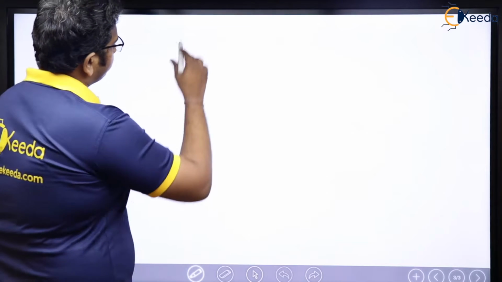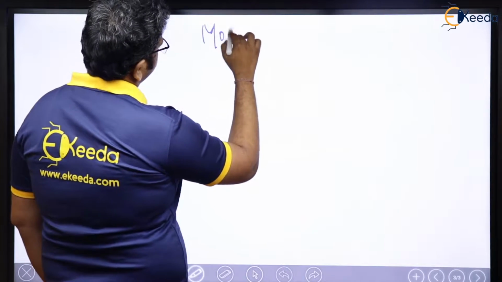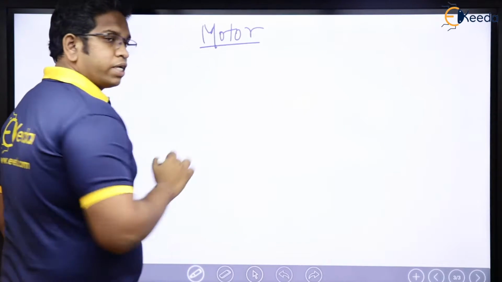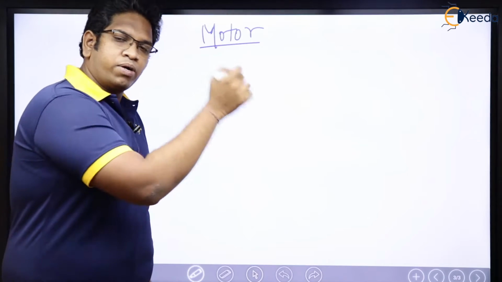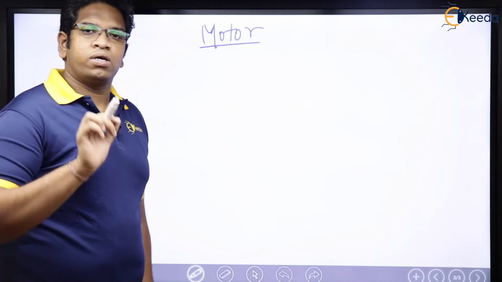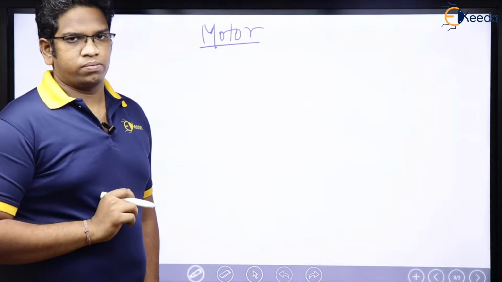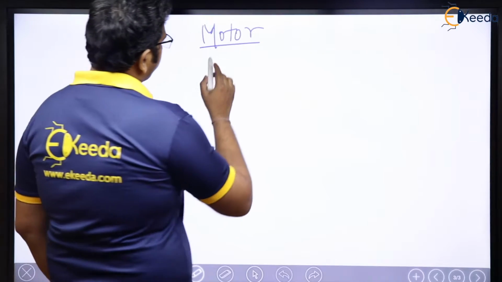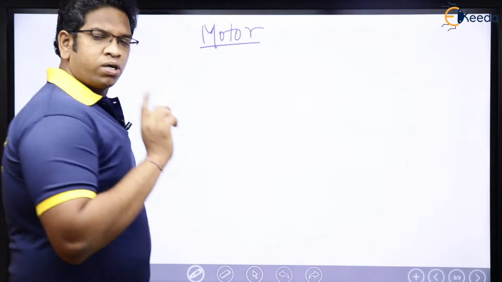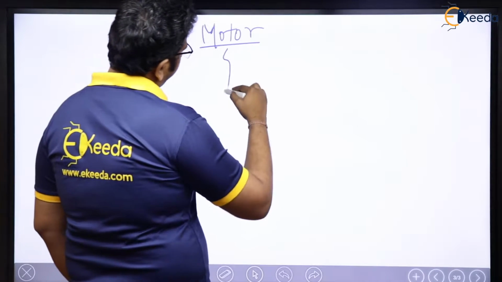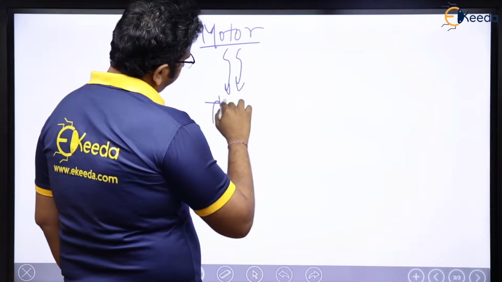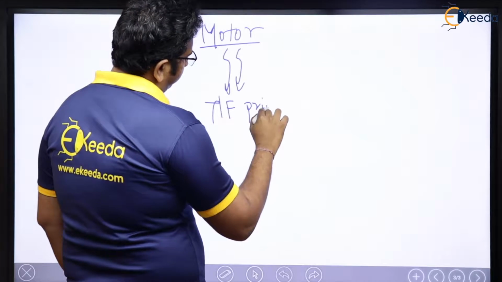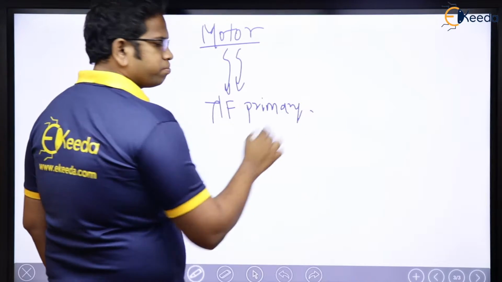In case of motor, first of all, let us understand why that particular equation is not valid for motor. When we talk about motor, do you remember the fact that motor is same as transformer primary? It is same as transformer primary, right? 100%.